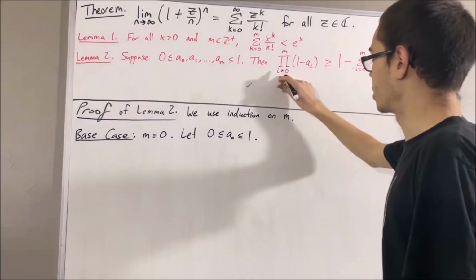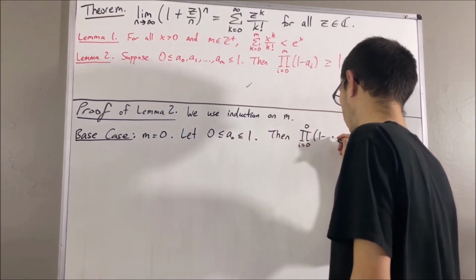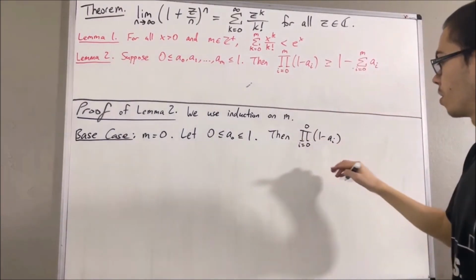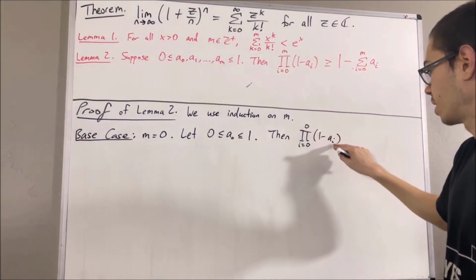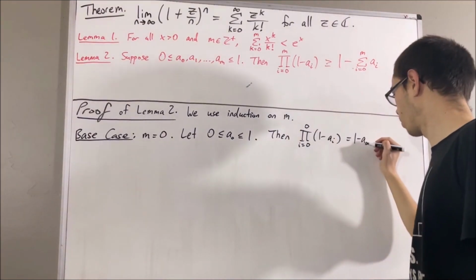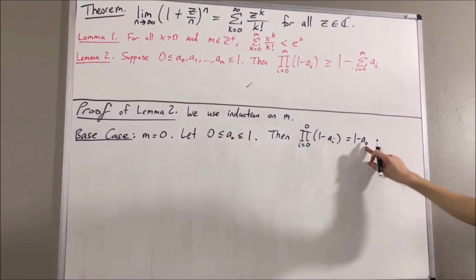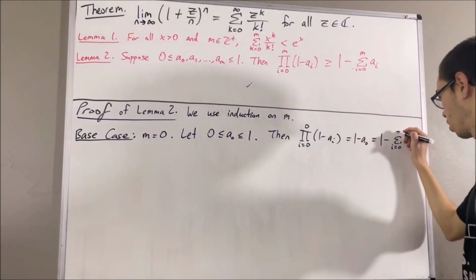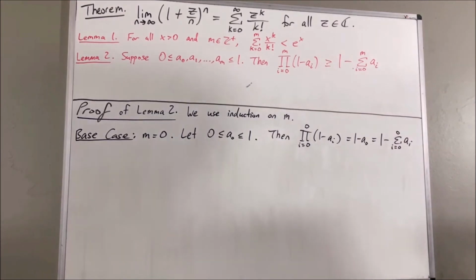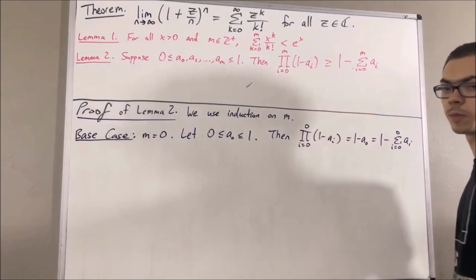Well, if we start out by writing the left-hand side, we have this, but remember, when the lower and upper number of a product are the same, we just replace i with 0. So we get this, but then a0 is the same thing as the sum from i equals 0 to 0 of ai. Right? So this guy is equal to this guy. So this completes the base case.